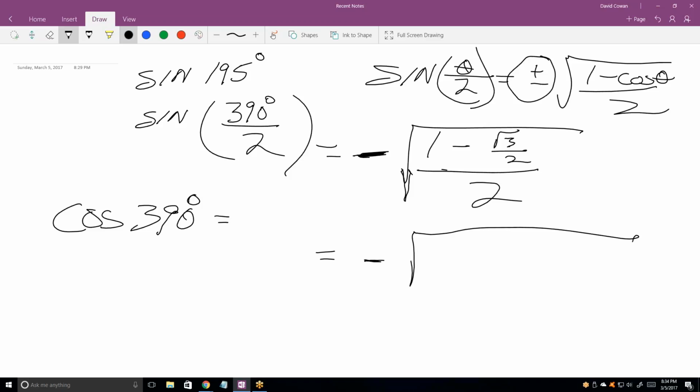Start from the top, the numerator. 2 minus root 3 over 2, and then all over 2, and then you multiply the numerator by the reciprocal of the denominator.